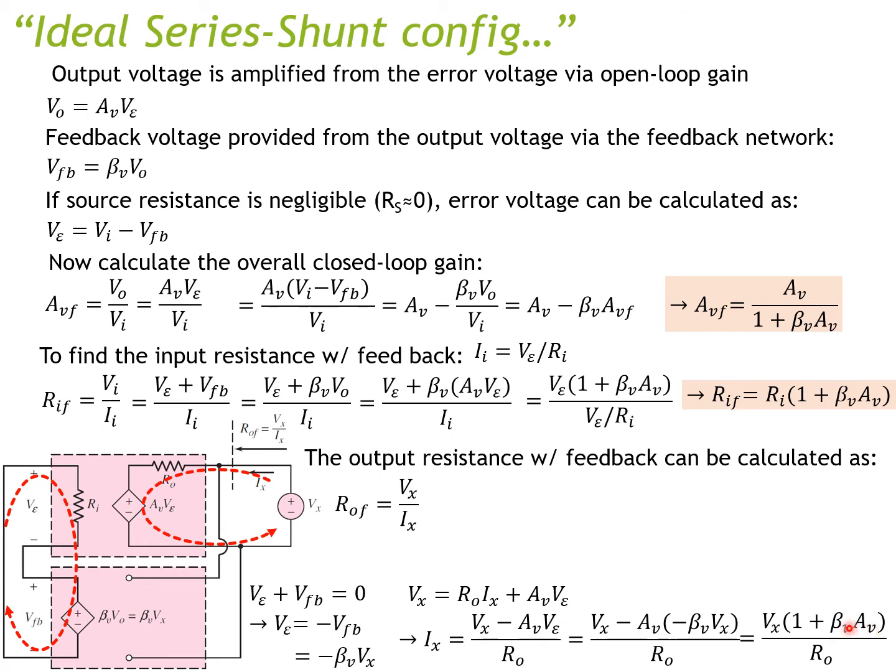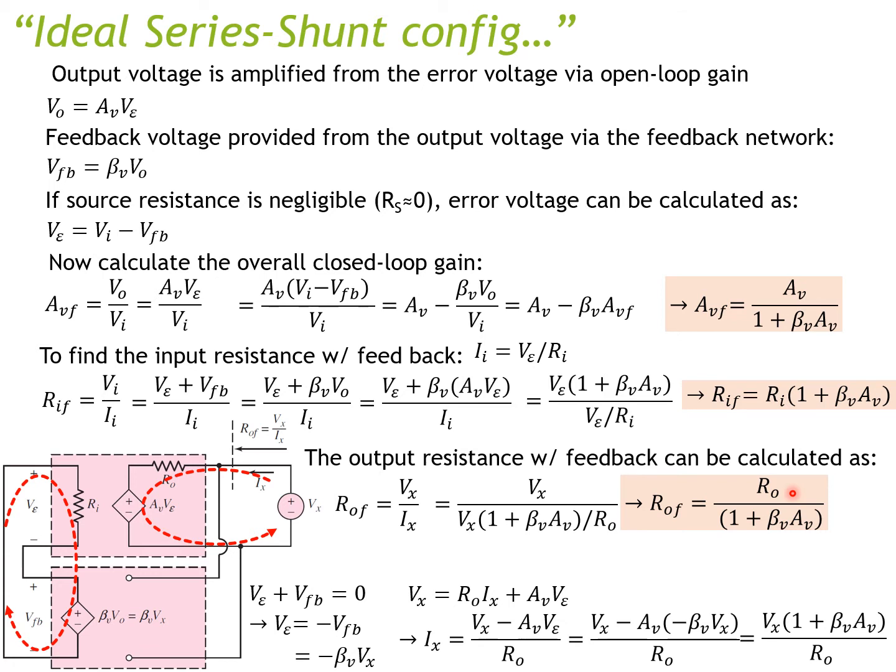Now you can substitute this whole term for Ix in here. On top you have Vx, at the bottom you have Vx. Then you can simplify your expression for ROF to be this.